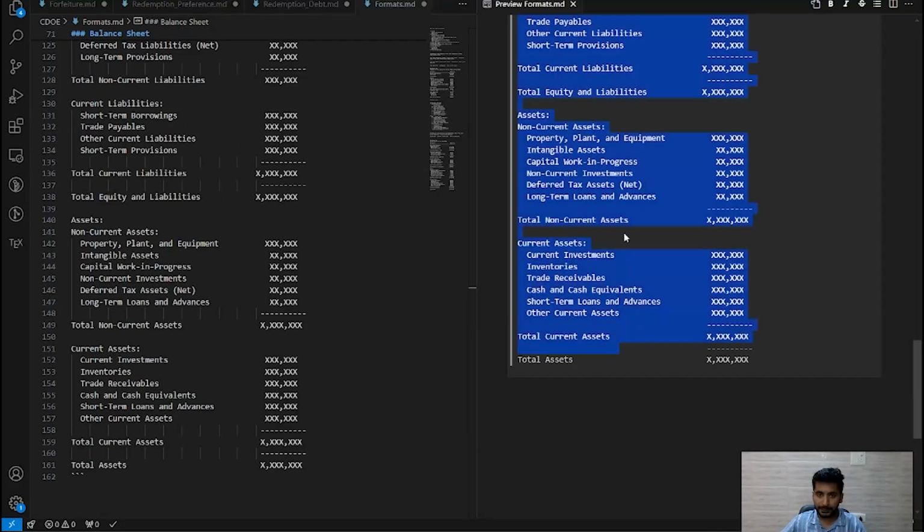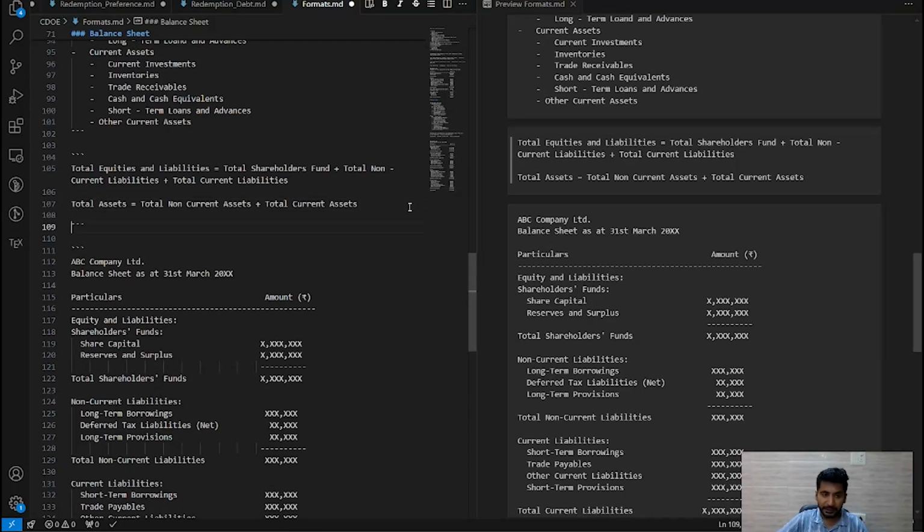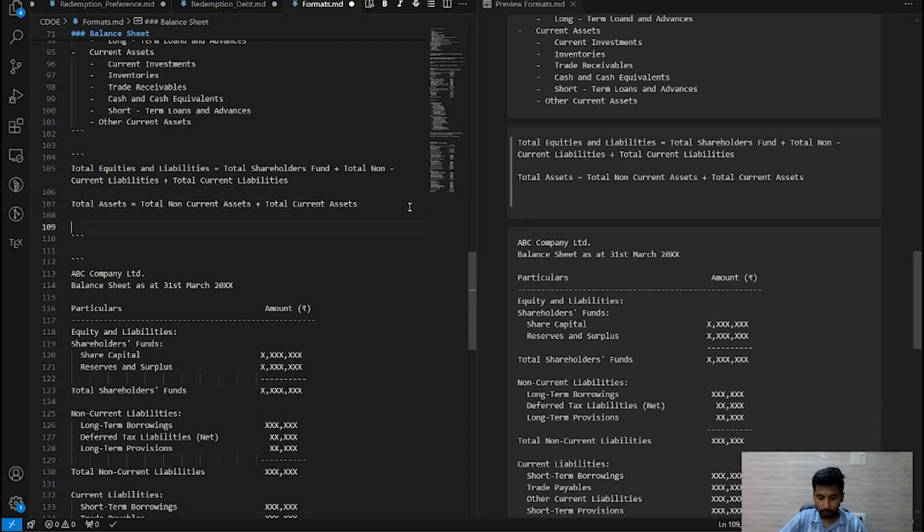So non-current assets and current assets का जो sum होता है, that is the total assets. And for a balance sheet, assets should be equal to liabilities plus capital or equity. This should follow.